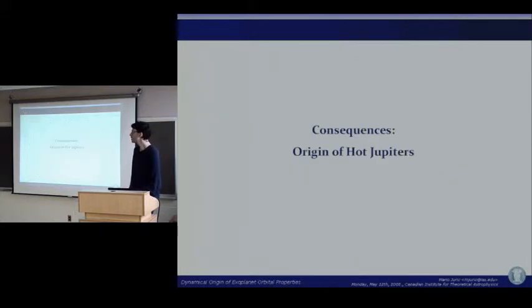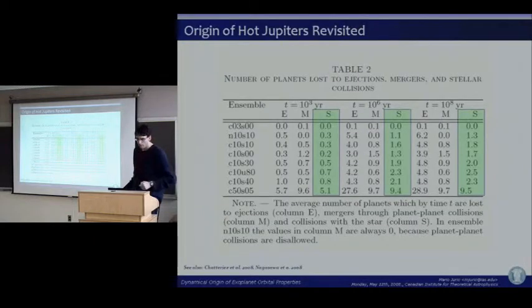Finally, I just want to say one thing about the origin of hot Jupiters. One of the things we see in the simulations is that about 20% of our objects are lost through collisions with a star.